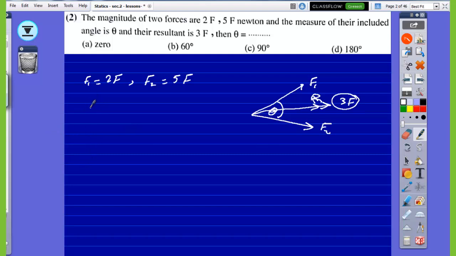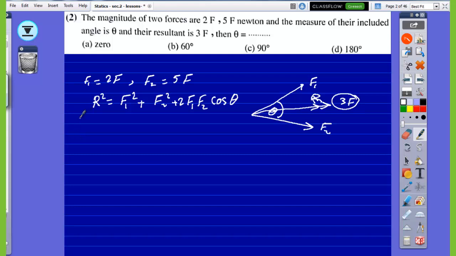The first rule, or the main rule, is R square equals F1 square plus F2 square plus 2 F1 F2 cosine the included angle theta, not alpha.